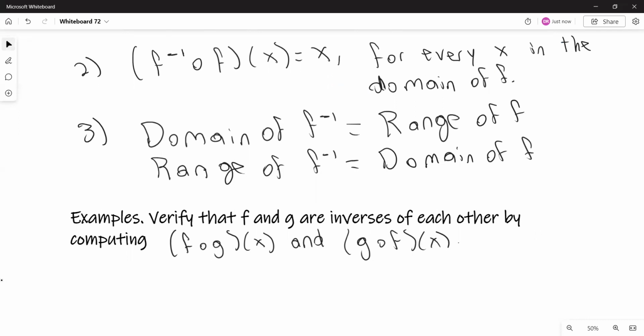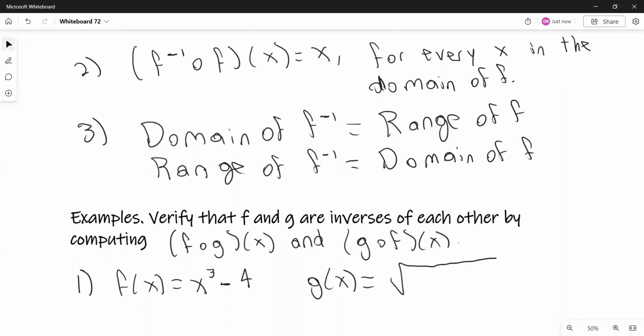The first pair of functions is f of x equal to x cubed minus 4, and g of x equals the cube root of x plus 4.